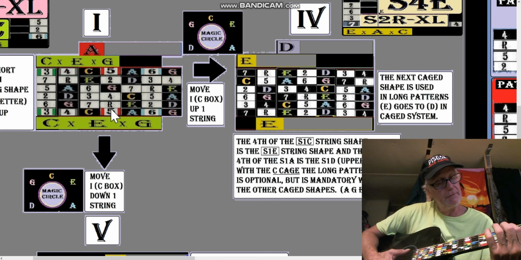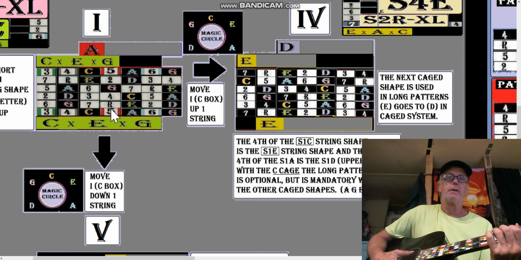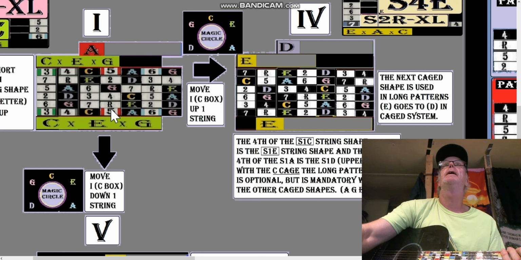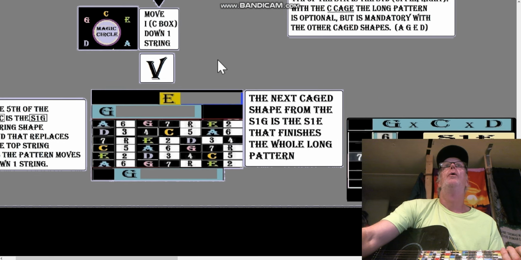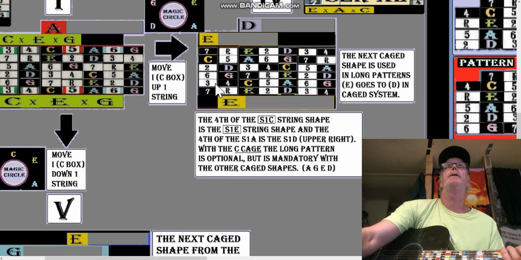Now, if we take the first pattern and move it down one, we're going to move that C pattern down one. Here you see we moved it up one. There's your C pattern, 3, 5, 6, root 2, 3, 5, 6, root 2. And of course, we lost the top string.